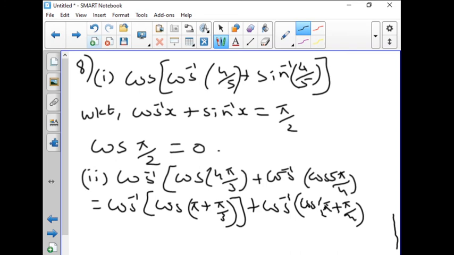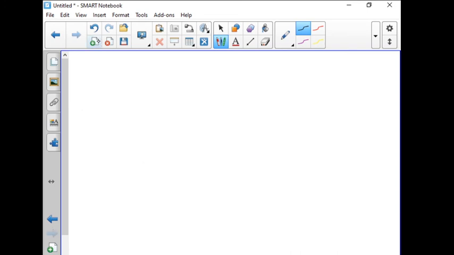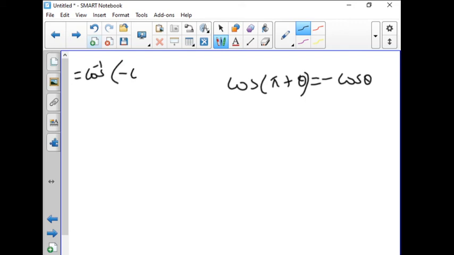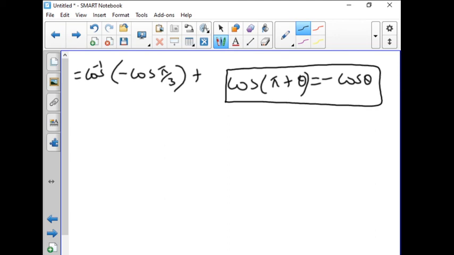So, what is cos pi plus theta? Cos pi plus theta is equal to minus cos theta. Okay, this already we know. Therefore, it becomes cos inverse of minus cos pi by 3 plus cos inverse of minus cos pi by 4.